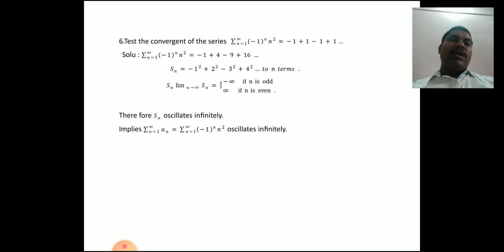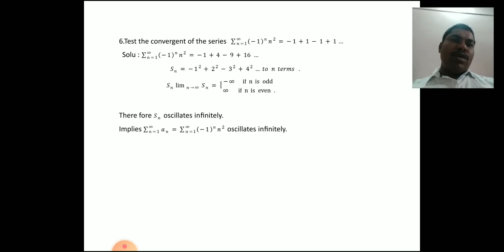So first put n equal to 1, we get minus 1, put n equal to 2, we get plus 4, n equal to 3 minus 9, put n equal to 4, we get plus 16. So Sn is equal to minus 1², plus 2², minus 3², plus 4² up to n terms.